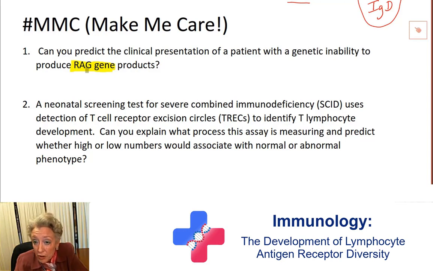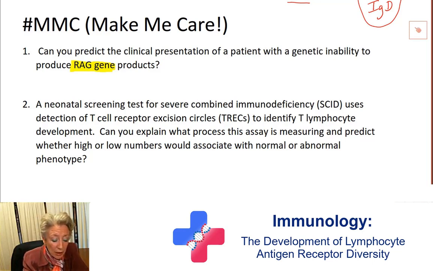Well, if the child can't do recombination at the VDJ level, realize that a cell that does not have a functional receptor has no value to your body. So this means that every single cell being created on the lymphoid and adaptive lineage side would end up being induced to undergo apoptosis in the bone marrow.